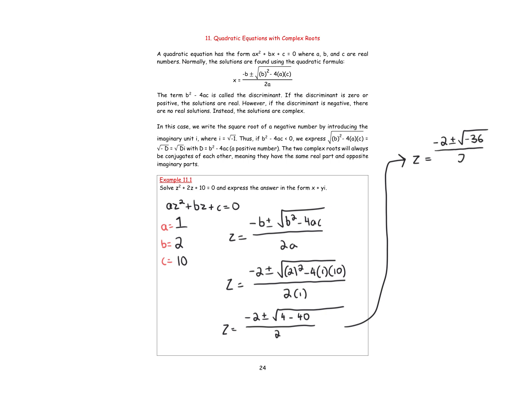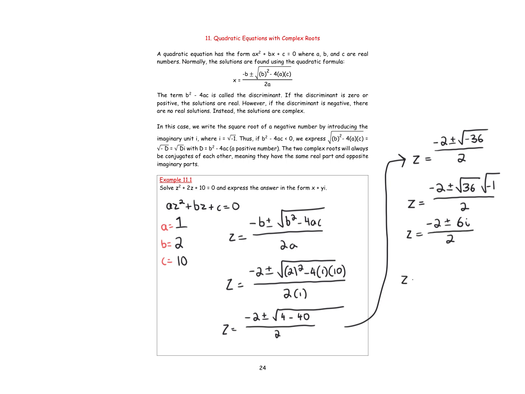over 2. Here we have a negative underneath the square root, meaning that we need to change it into an imaginary number. This will be z is equal to minus 2 plus or minus the square root of 36 multiplied by the square root of minus 1 all over 2. Finally then, removing the square roots, we get minus 2 plus or minus 6i all over 2.